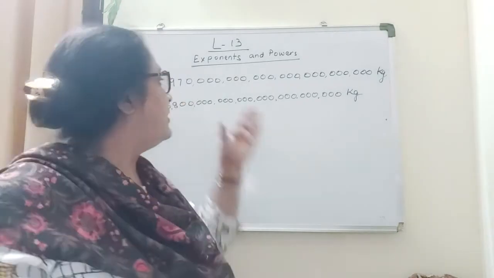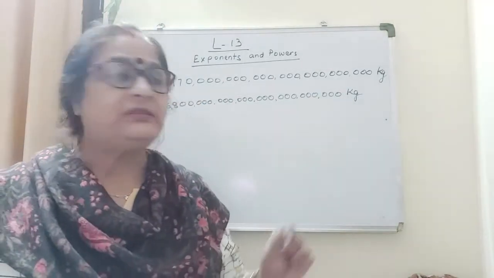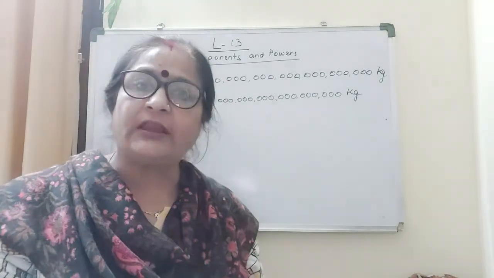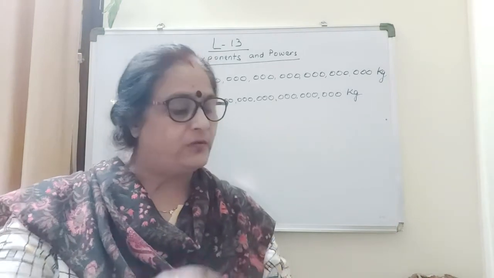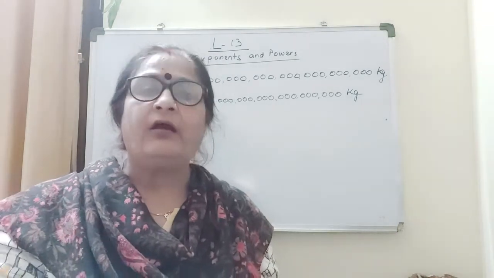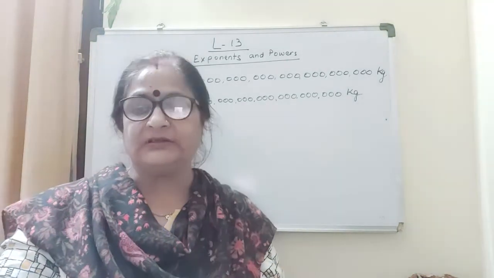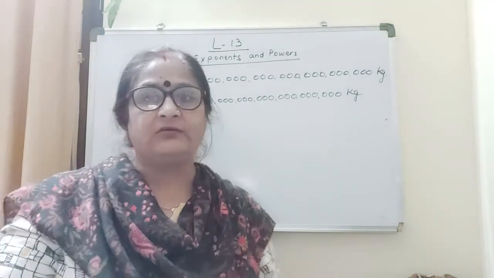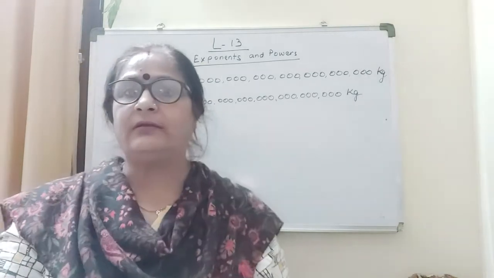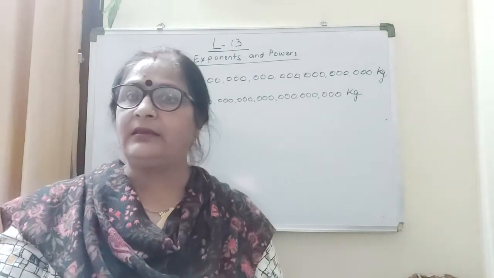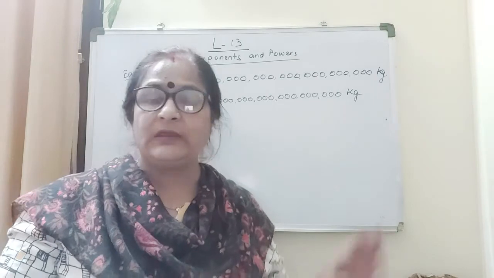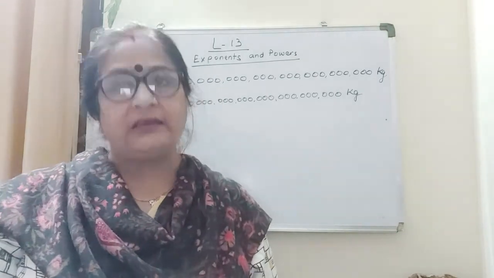So they are large numbers which cannot be read or compared, and it is very difficult to understand them. You try reading it, you try understanding it, try comparing it. It's not easy.